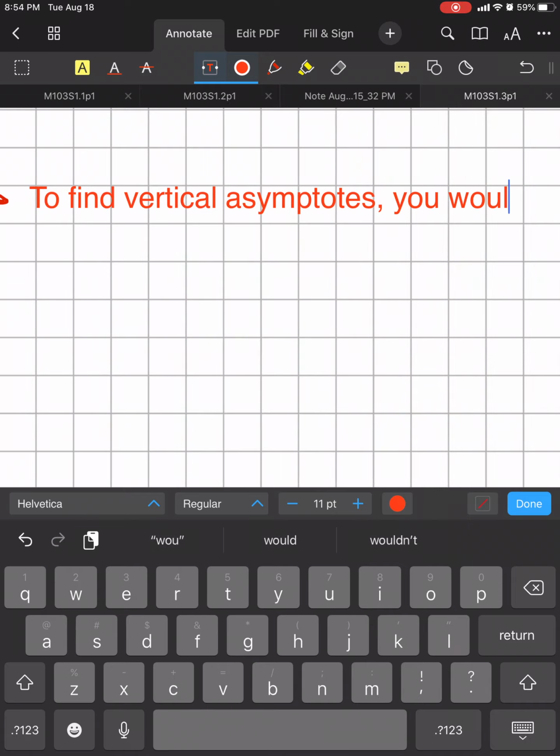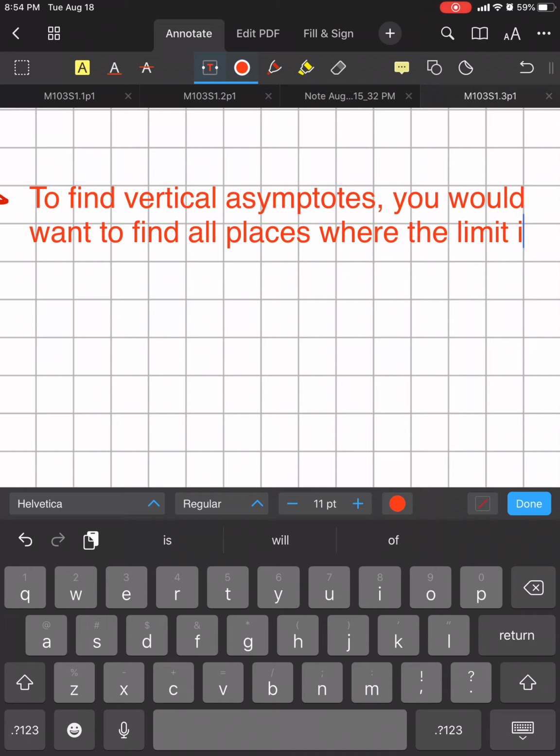You would want to find all places where the limit is, I'll leave some spaces to write plus or minus infinity there in a second.